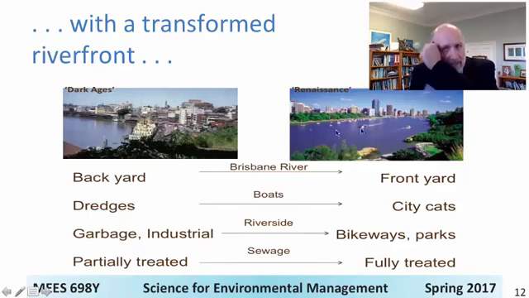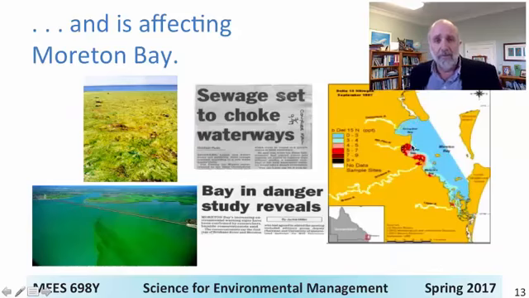Industrial development. Now there's a bikeway on both sides of the river for 20 miles on either side, and very popular parks. The sewage was partially treated at best, and now it's fully treated to ENR, enhanced nutrient removal. These nutrients were affecting the bay.